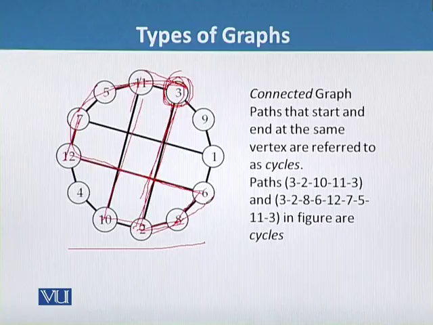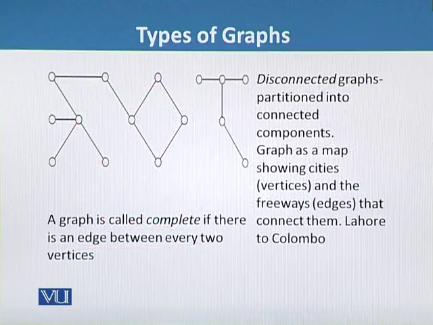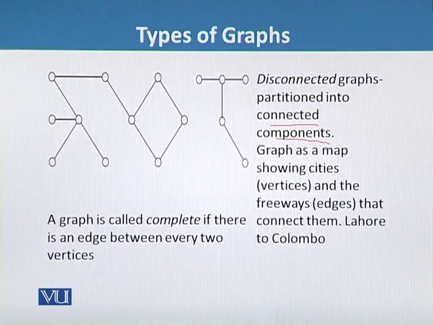So it means that when the vertices are connected with each other, then the graph is called the connected graph. The third type of graph is the disconnected graphs, and disconnected graphs can be partitioned into connected components. We can think of a graph as a map showing the cities, and we can represent each city as a vertex and the highways as the edges that connect them.